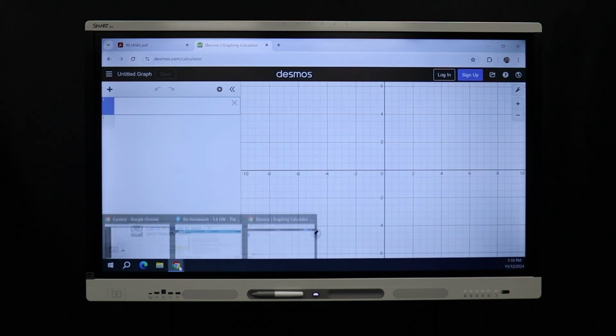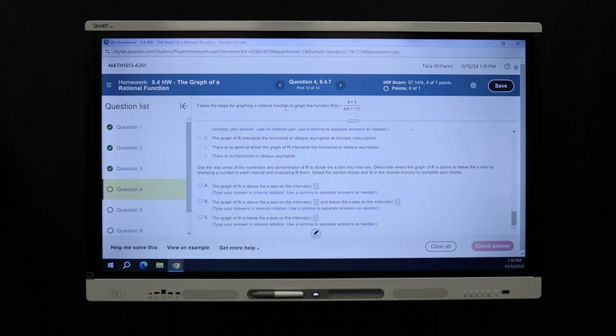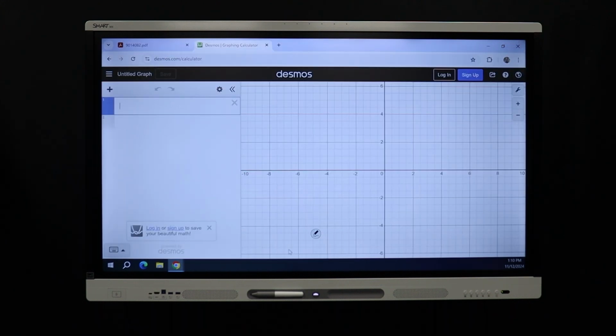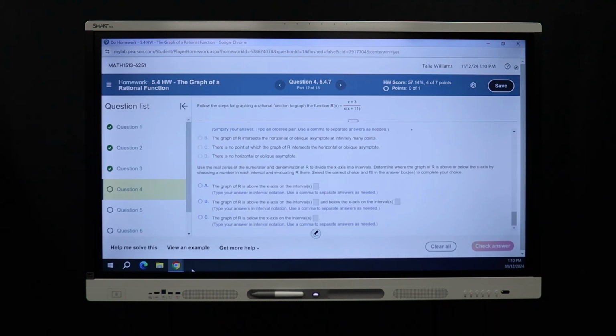And our graph is x plus 3, x plus 11. So I'm going to use f of x instead of r of x, equals x plus 3 over x times x plus 11. Make sure I typed it in right.